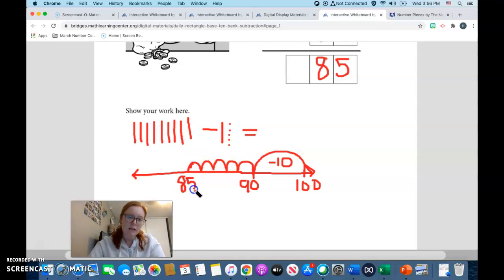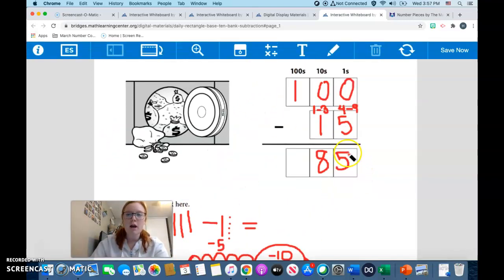And that would be your total, right? Because you minus 5. Whatever works for you on how to solve this problem. But I want you to think about what is one way that you can subtract or show your work to your teacher of the problem 100 minus 15 equals 85.